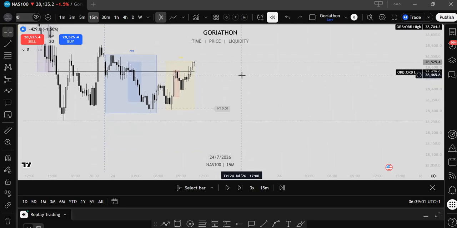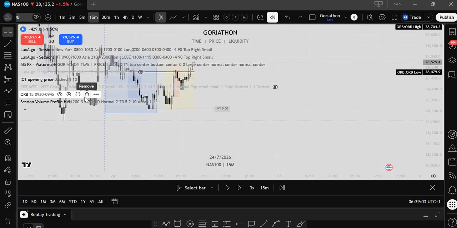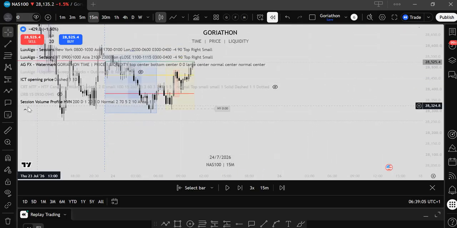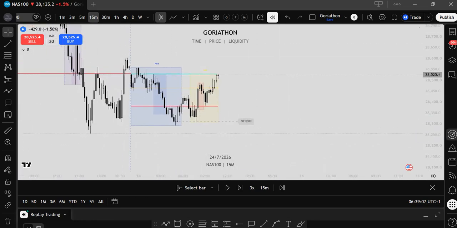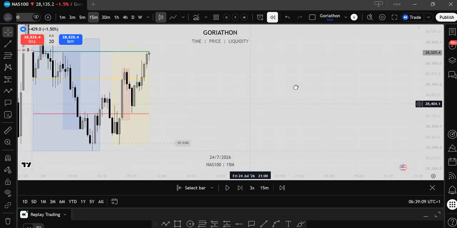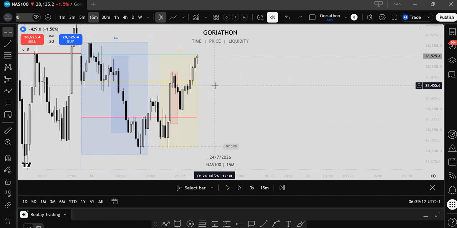Okay, so when it comes to session volume profile, if I add the ORB, now you've got three lines over here. If you have given the same settings which I've given, you have the green line on top, which is the highest point, and which will also act as a resistance. Then we have the point of control.